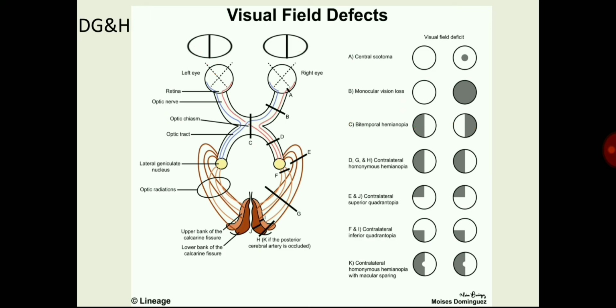Now look at site D, that is the optic tract, site G, that is the whole of the optic radiation, and site H, that is almost the whole of the occipital cortex.